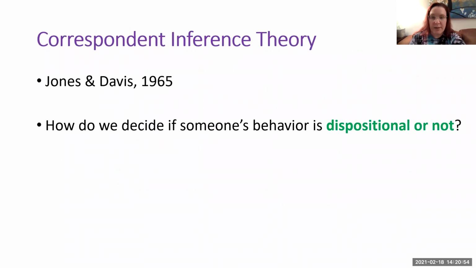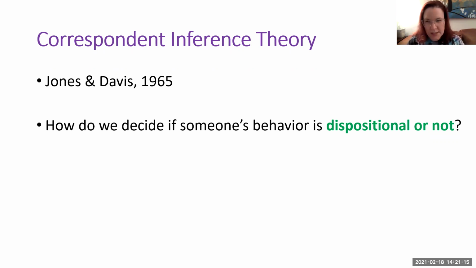Now, the other way that we can think about attribution theory is using correspondent inference theory. So with this one, this is coming from Jones and Davis, and the point of using this theory is to decide if somebody's behavior is dispositional or not.